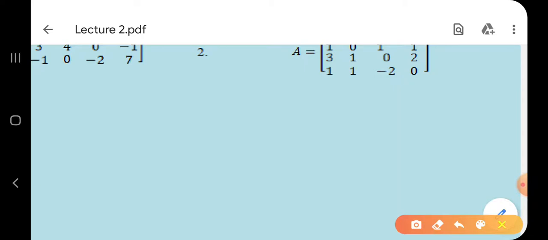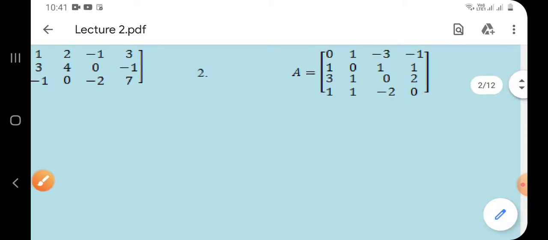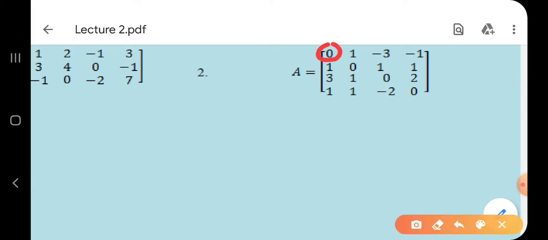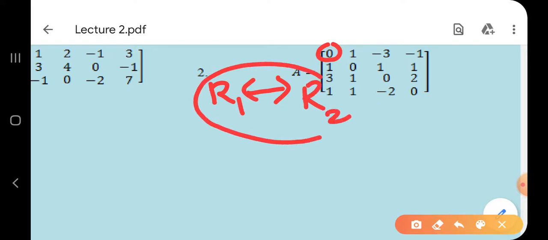So we make that position 1 and then we will start. Here I want 1. What to do for that? Interchange these two rows, meaning R1 interchange R2. Do this operation first and then we will proceed.